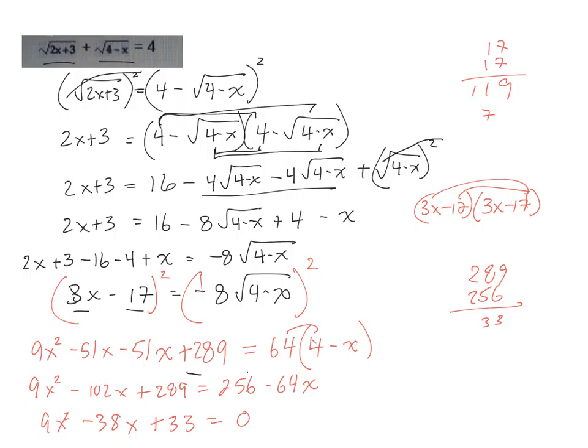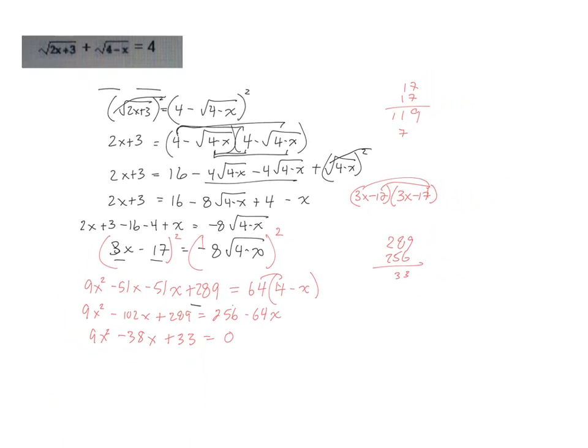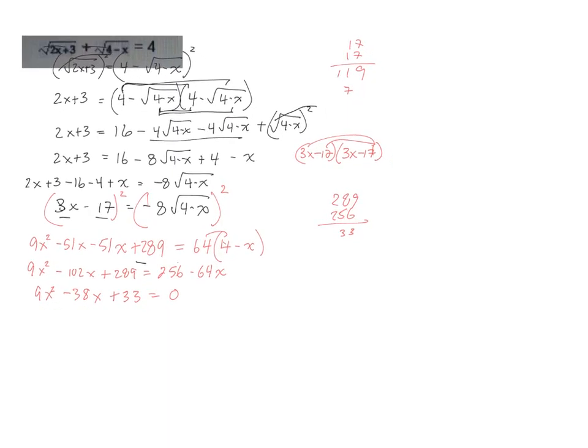Okay, now they're not all divisible by 3. So now I'm going to try and factor that. Let me just shrink things a little bit. Okay, the factor. You could use a formula, but I'm thinking it'll factor. Maybe an 11 here and a 3 here.